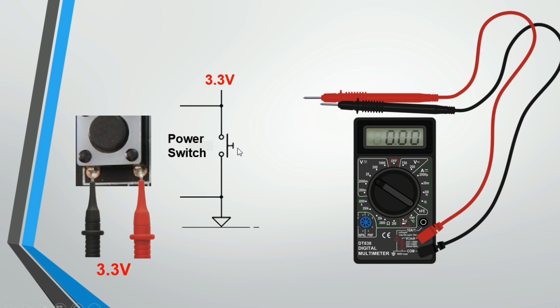And if you press the power button, this 3.3 volts should become 0 volts. Why? Because it will go through this button to the ground. So to check if the power button is good or not, you should first measure 3.3 volts, and when you press it, this 3.3 volts should disappear and go to 0.